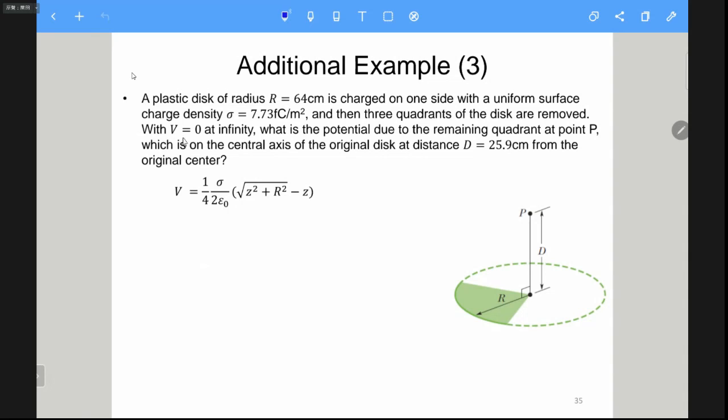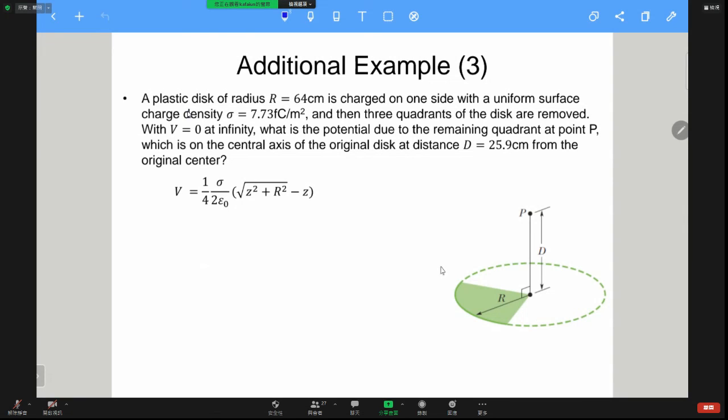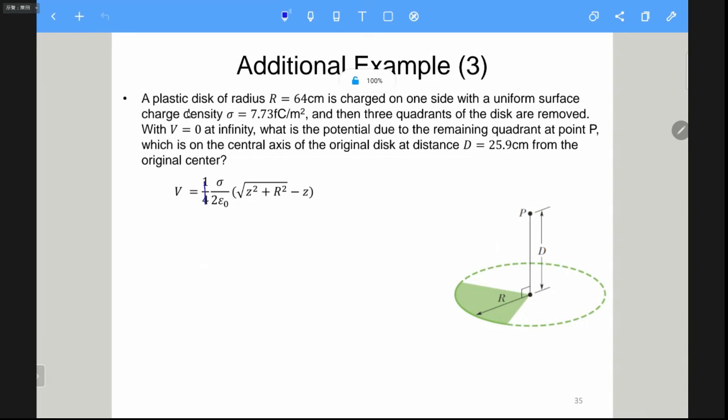With V equals 0 at infinity, what is the potential due to the remaining quadrant at the point P, which is on the central axis of the original disc at distance d from the original center?